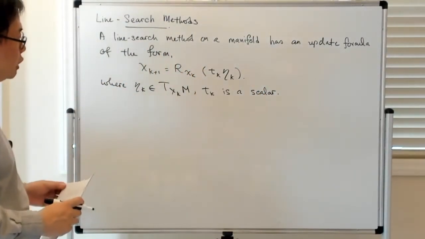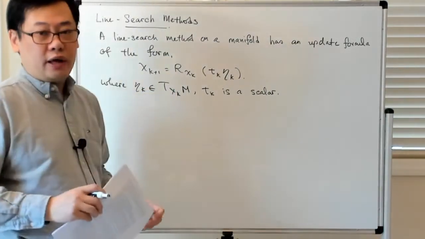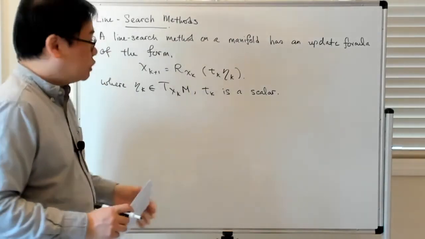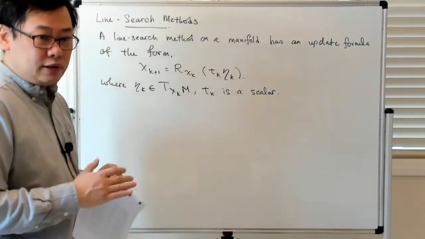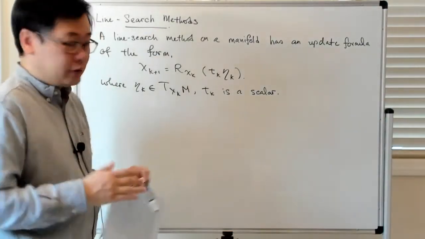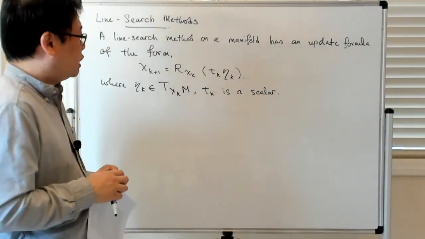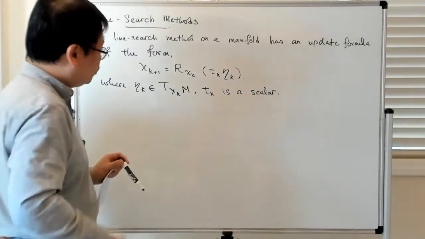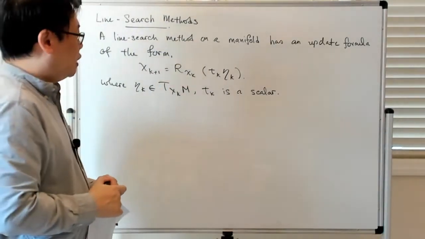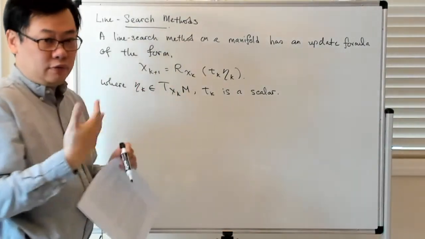So if we recall, the reason why we had introduced a retraction is because even though in principle you have a Riemannian manifold endowed with a Riemannian exponential, in practice a lot of times it's very expensive to compute the Riemannian exponential because it's formally defined in terms of the solution of some differential equation. If you want to construct practical optimization algorithms on oftentimes matrix manifolds, then you might want to choose something which approximates the exponential, but in such a way that it doesn't compromise our ability to prove that the line search algorithm converges at a certain rate.